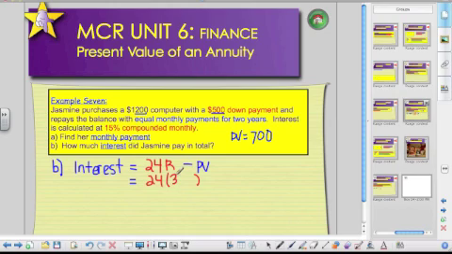Let's try to write that. And let me just erase this quickly to give me more room. $33.94.